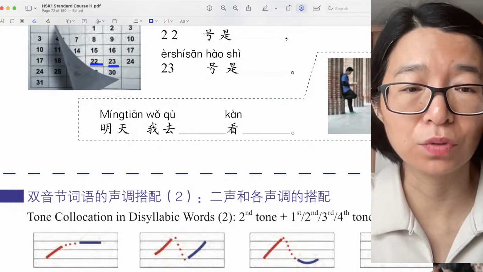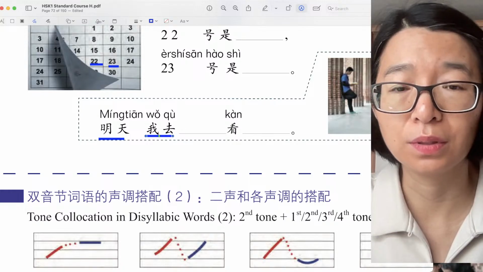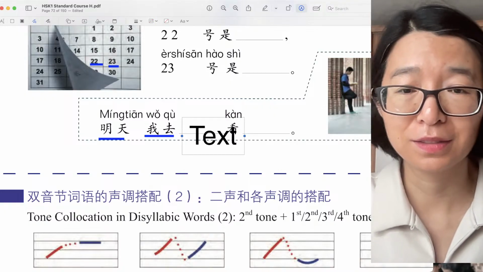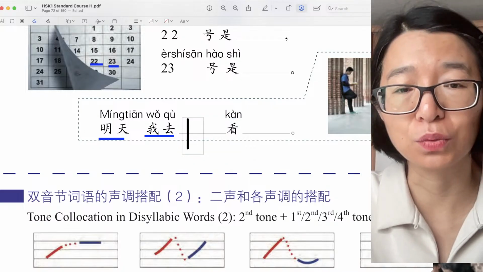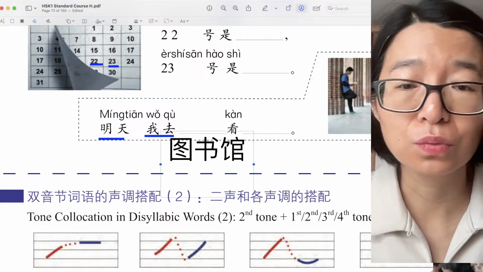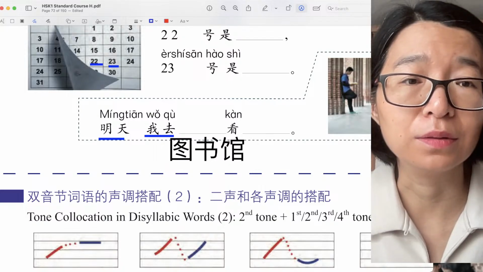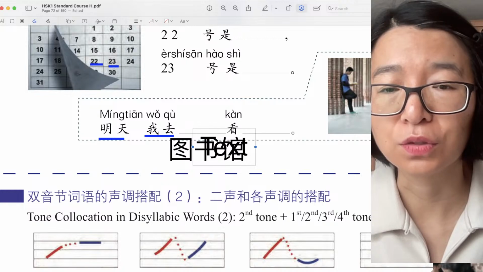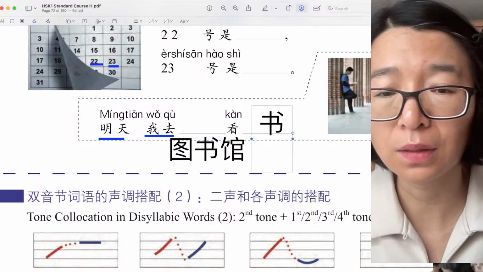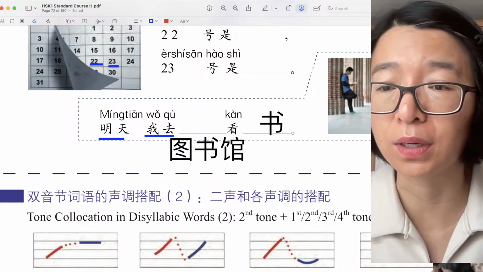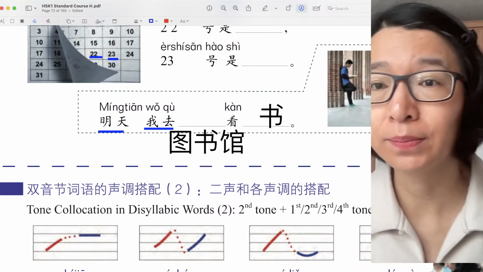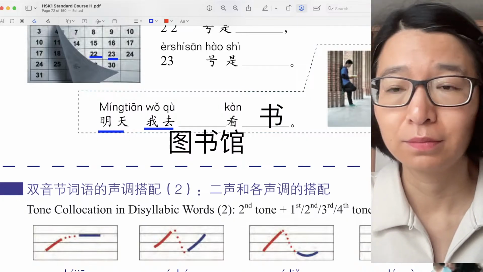This question: 明天我去哪儿看什么？Somewhere that I'm going to go, which is 图书馆。图书馆看什么？看书。明天我去图书馆看书。Or you can also say 学校, school, or 大学, university.